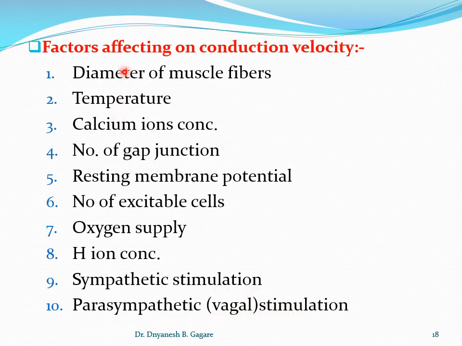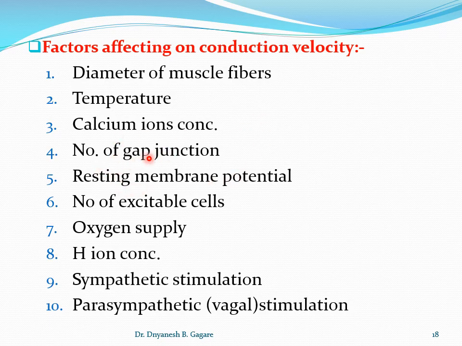So almost all factors above increase the velocity if they increase. For example, the more the diameter, the more the velocity. If temperature is a little higher within physiological limit, there is an increase in velocity. If there is an increase in calcium ions within physiological limit, there is an increase in velocity.